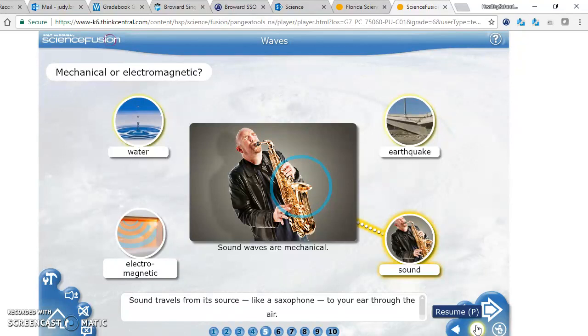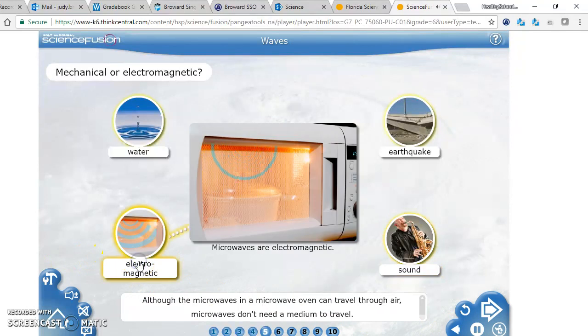Sound waves are mechanical. Sound waves travel from their source, like a saxophone, to your ear through the air. Although microwaves in a microwave oven can travel through the air, microwaves don't need a medium to travel.